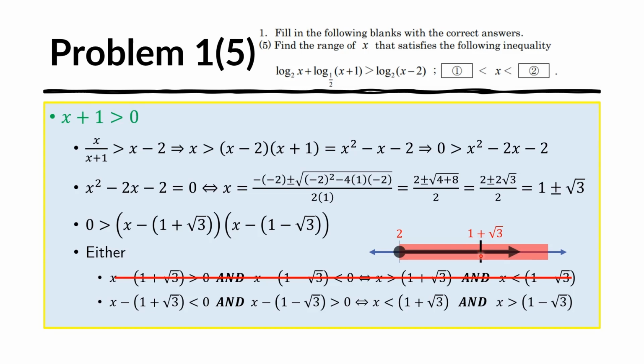X must be less than this, so it's only to the left. So actually it's only this bit that we're looking for. Therefore, what we're looking for is that x must be from 2 to 1 plus square root of 3.